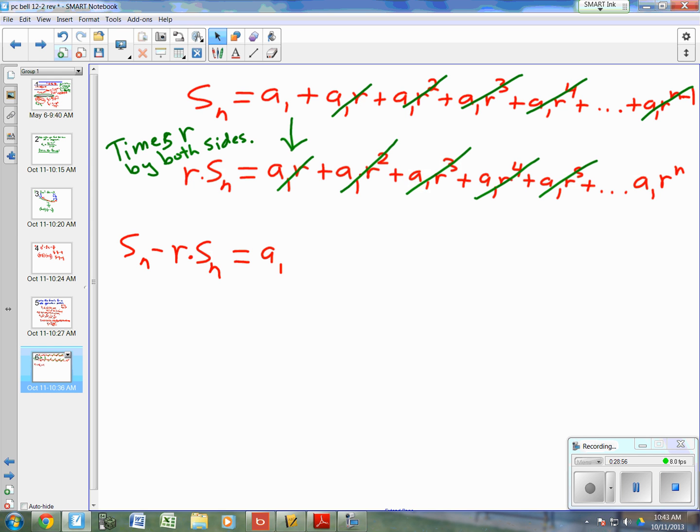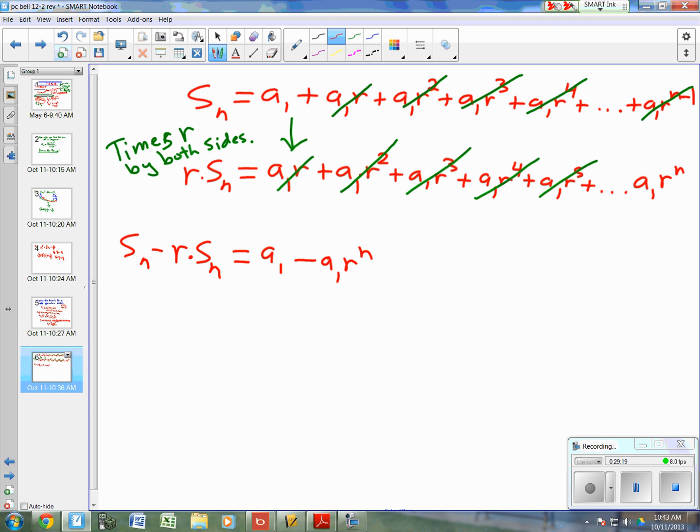So the ones on top, we're canceling ones on the bottom. So what am I left with on the right side of this equation, you guys? Yeah, a sub 1 plus, well, actually I was subtracting right there, right? I'm subtracting the bottom equation from the top equation, so I'm minusing an a sub 1 r to the n.